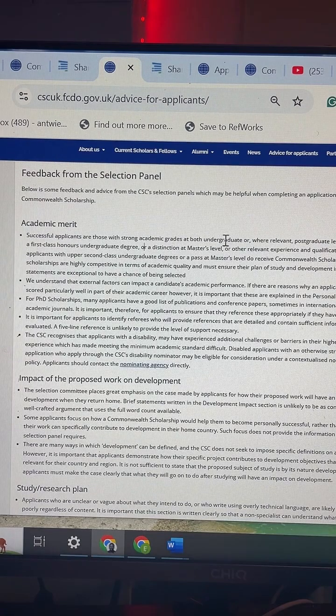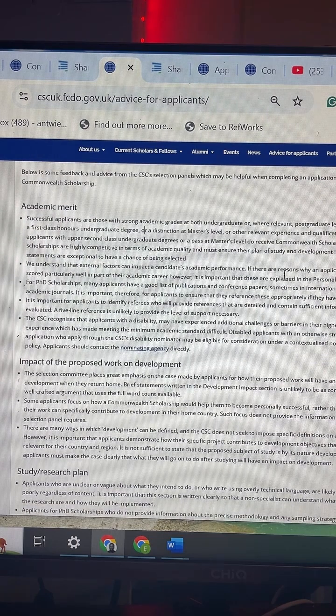So in terms of academic merit, successful applicants are those with strong academic grades at both undergraduate and, where relevant, postgraduate level. So I believe that if you have good grades, you stand a chance to be part of those who will be selected. And then many have a first-class honors undergraduate degree or distinction at master's level.